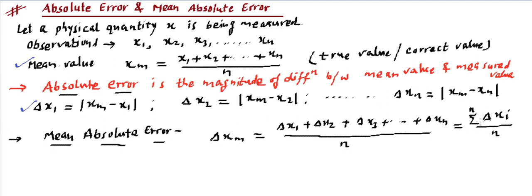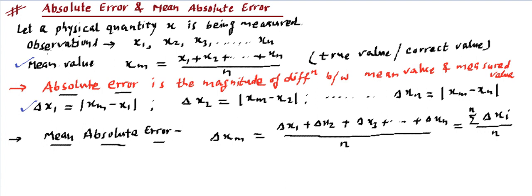That is a different way of putting the mathematical notation for the same quantity. So this is an important aspect of finding the absolute error, mean absolute error, and the mean value. I hope it's making sense.